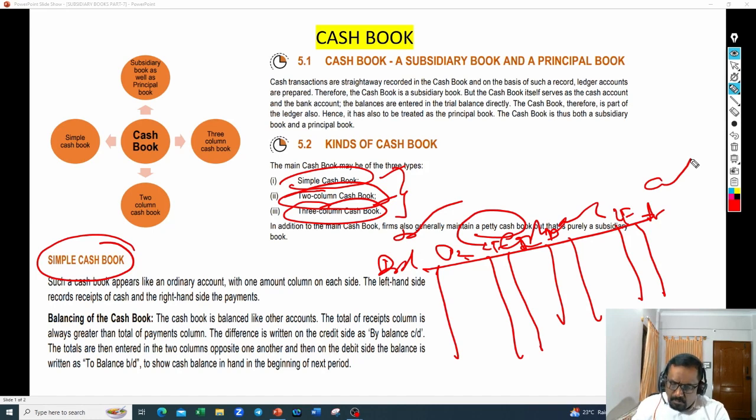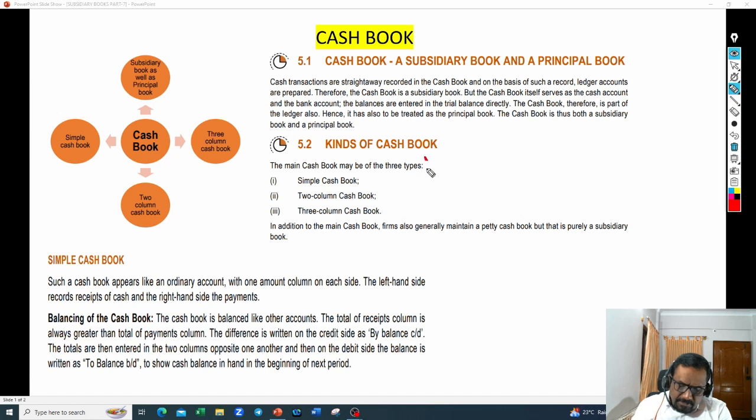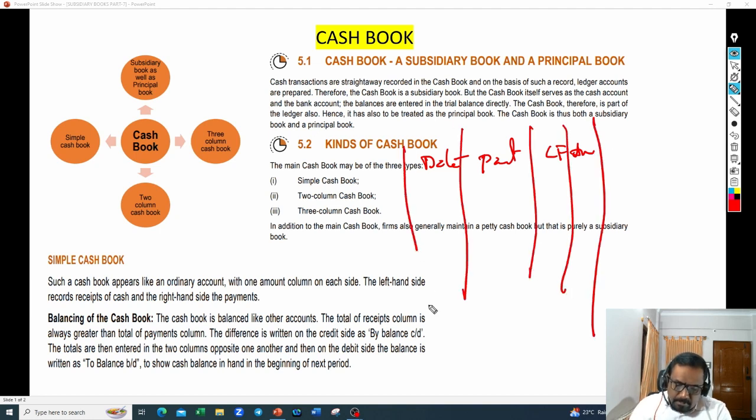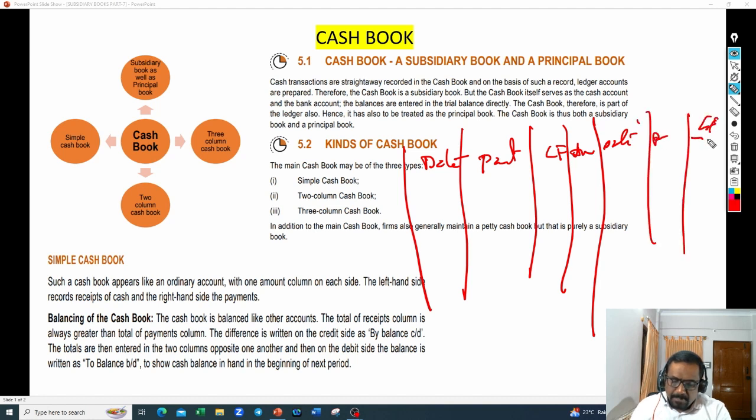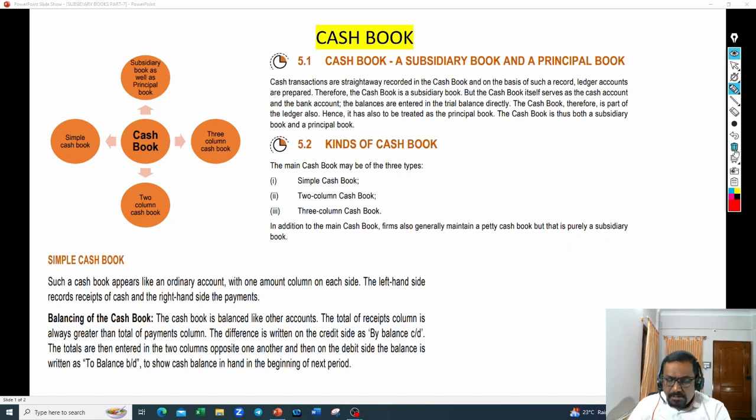First date, then particulars, then LF number, amount, on both sides. So your simple cash book looks like a cash account only.